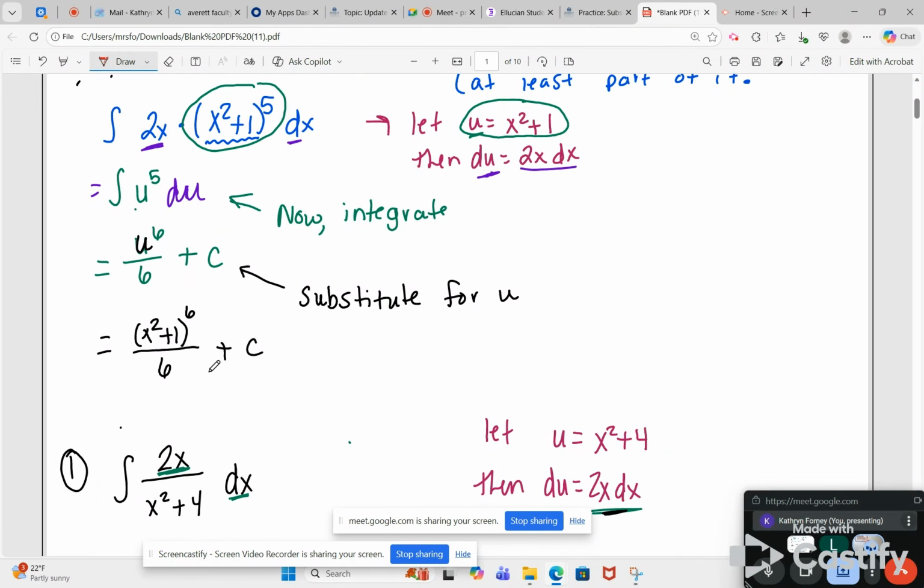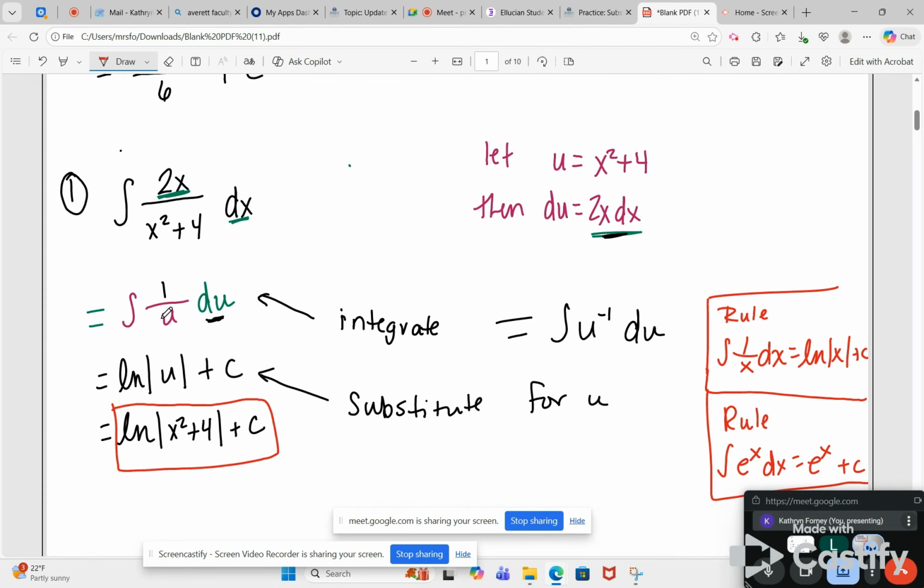You could actually take the antiderivative of u to the 5th. If you tried to take the antiderivative here, that would give you u to the 0 divided by 0. And you can't do that.